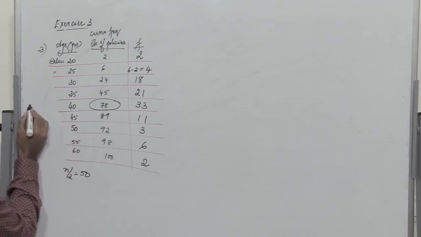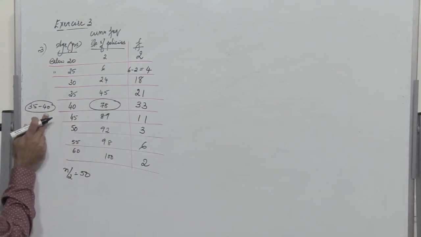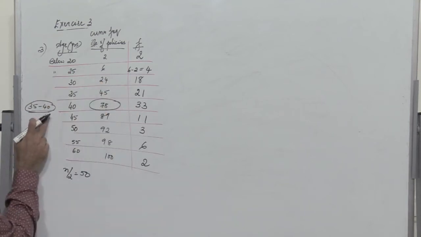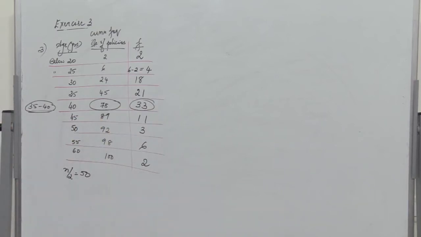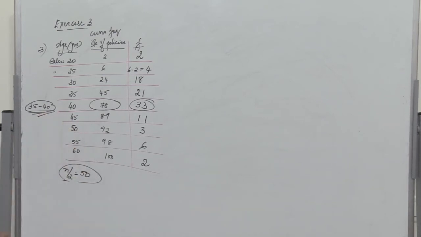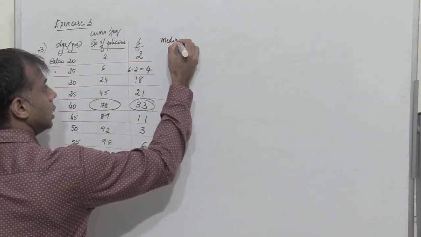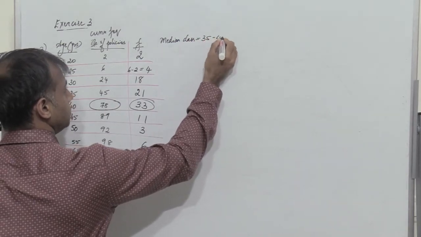So if I assume that this is the class interval 35 to 40, so within the age group 35 to 40, the insurance agent has 33 policies, isn't it? Right? So n by 2 is 50, which definitely falls in this class interval 35 to 40. So therefore, the median class is 35 to 40.